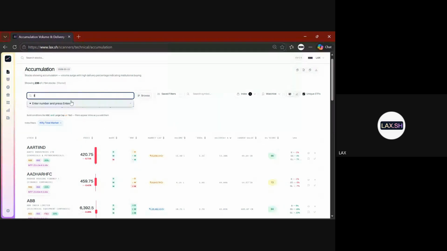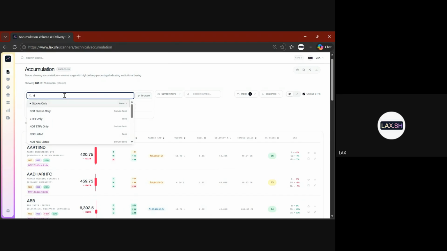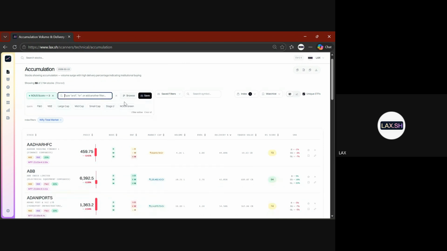News score should be greater than or equal to 3. The moment I do that, the number of stocks has fallen, right? Now I have only how many stocks? 59.